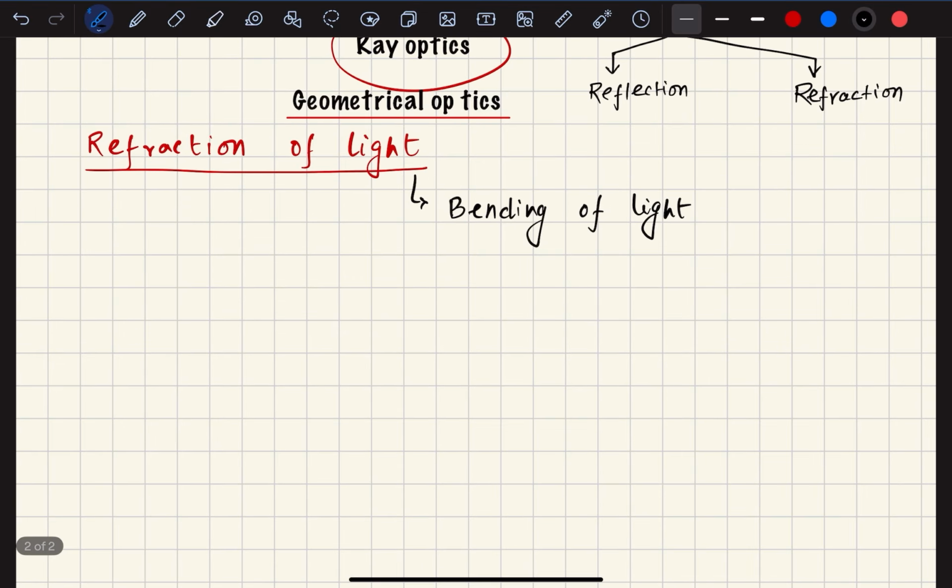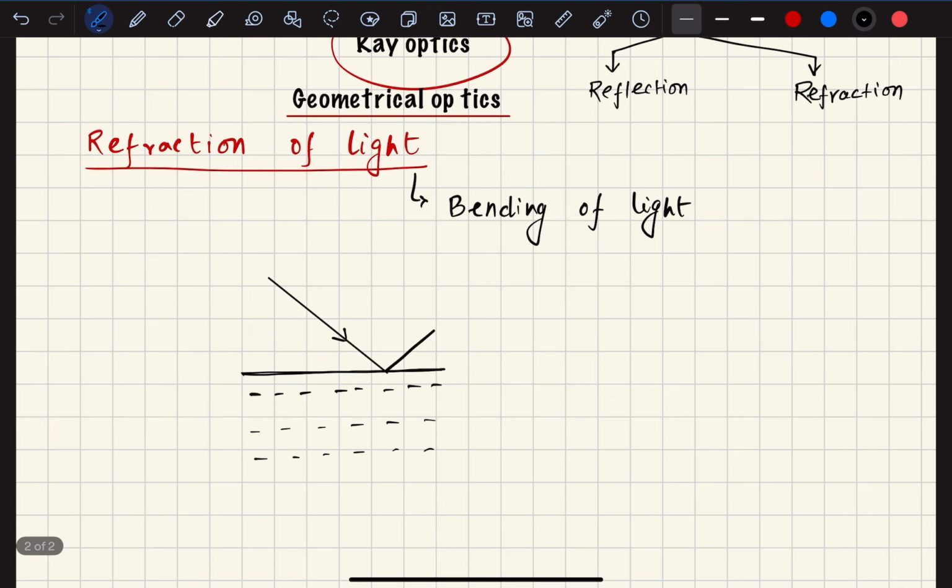See, suppose here there is a surface. And here there is water. So when a light ray falls on it like this, some part of the light ray gets reflected as per the laws of reflection, which we have studied in class 9th.